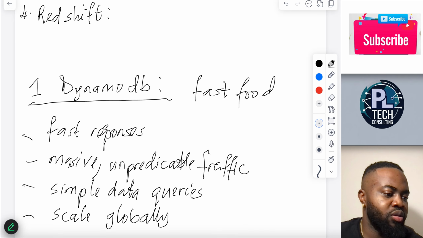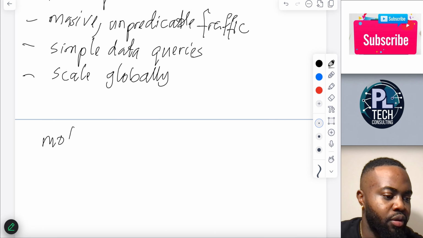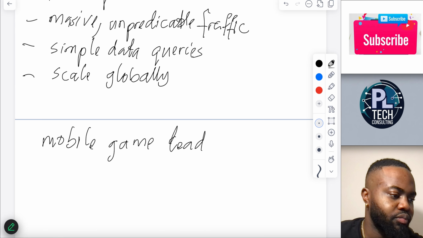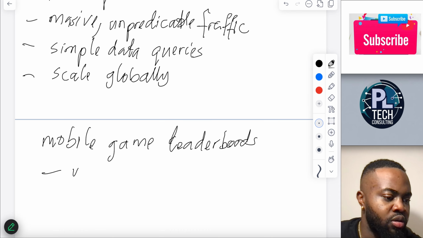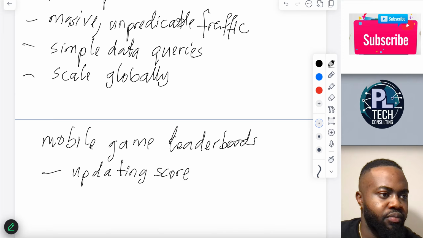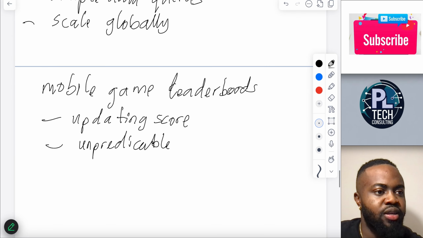If I were to give you real life examples of where DynamoDB would be good, think about mobile game leaderboards. Millions of people are updating scores on these leaderboards, and traffic spikes are unpredictable. Another good example would be shopping carts for e-commerce.